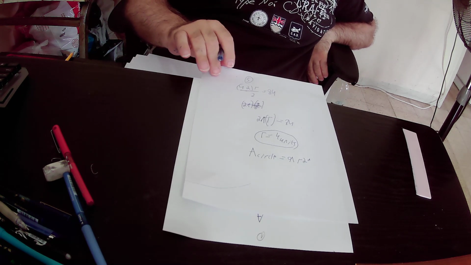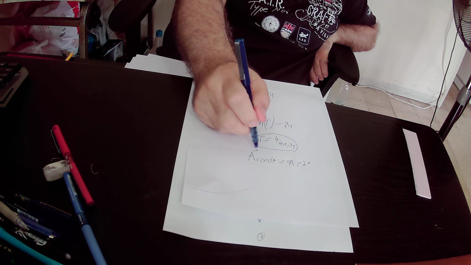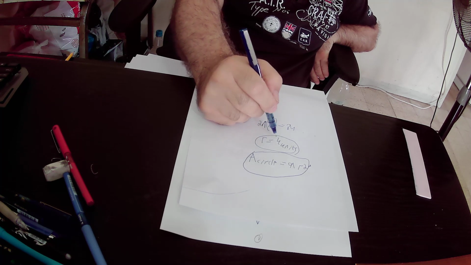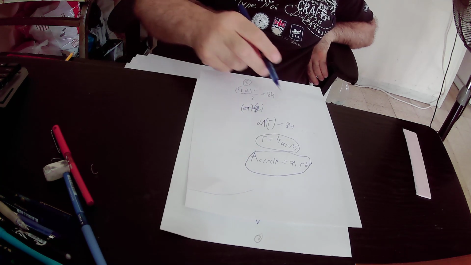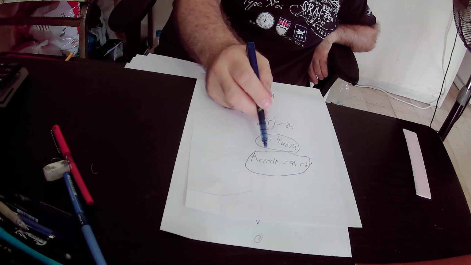The formula for the area of any circle equals pi times the radius squared, and we know that r equals 4 units, so we can substitute r by 4 units in this formula.